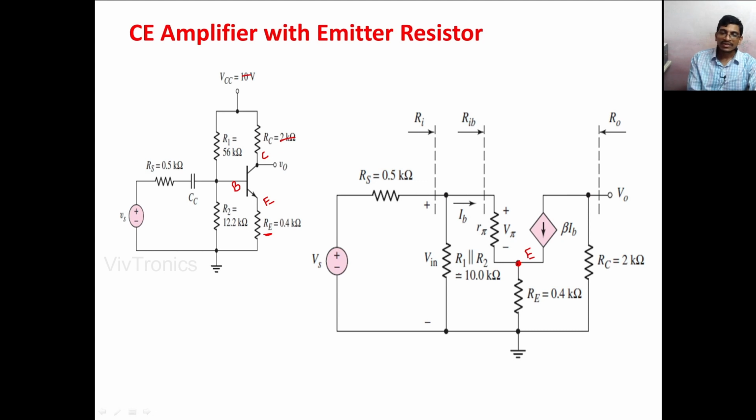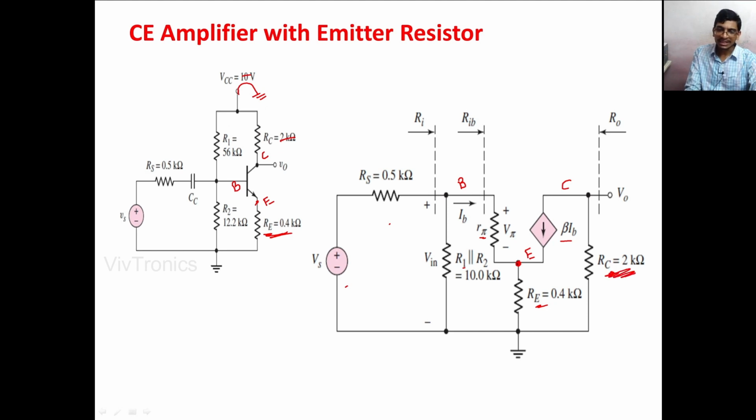At the input side we have R1 parallel R2, Vs and Rs. This is the equivalent circuit of the transistor, which contains the R pi resistance at the input side from the base terminal to the emitter terminal, and from the collector terminal to the emitter terminal we have beta times IB, and from the emitter terminal to the ground terminal we have a resistance Re that was represented here, and from the collector terminal to the ground terminal we have the RC resistance.